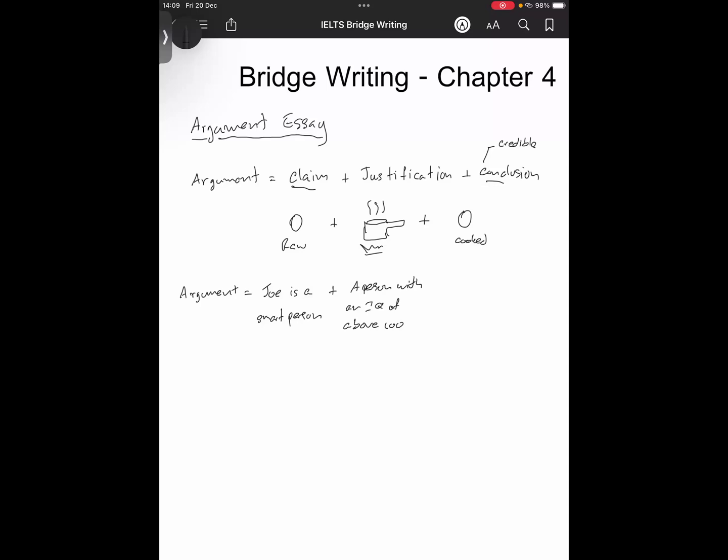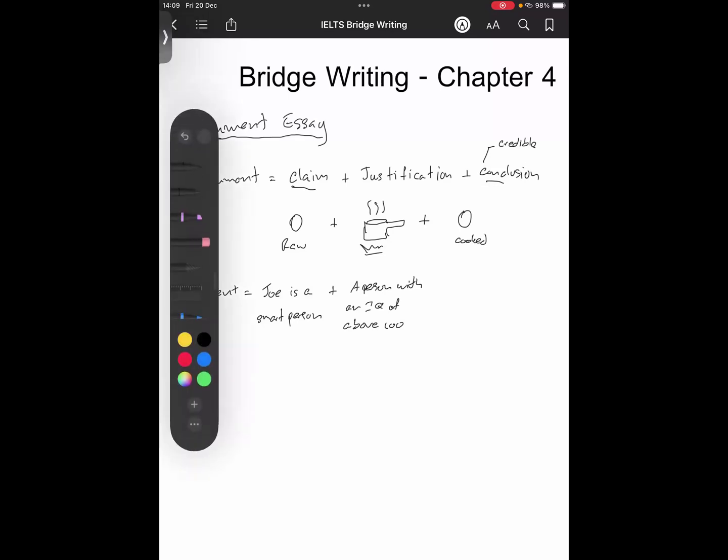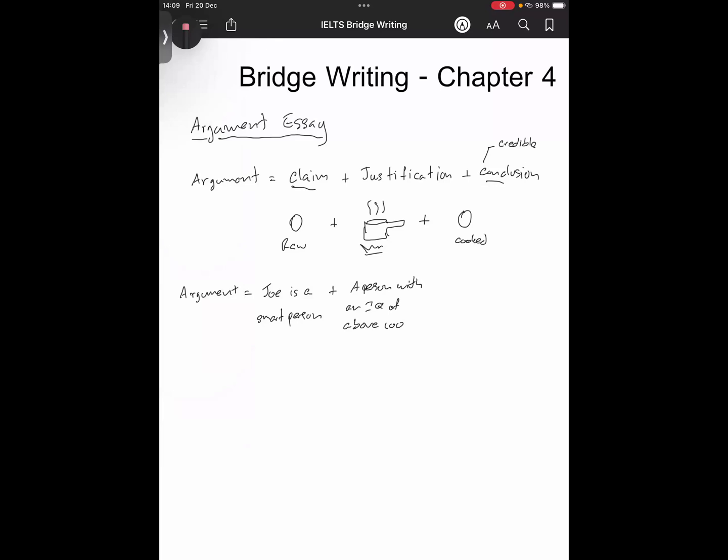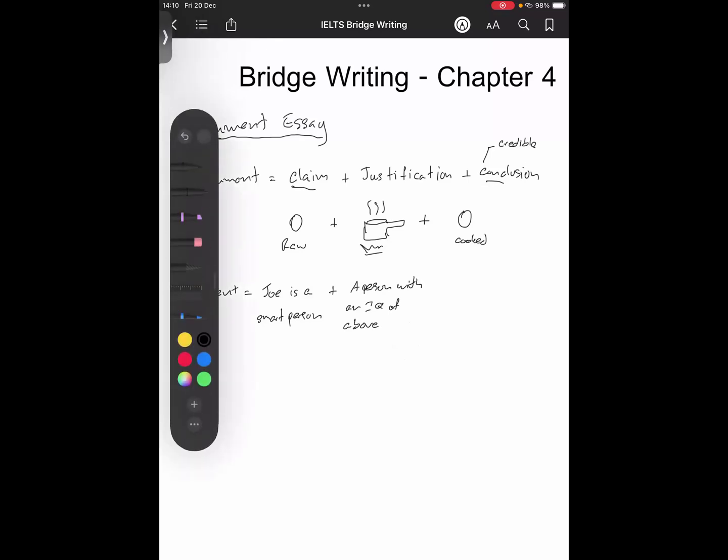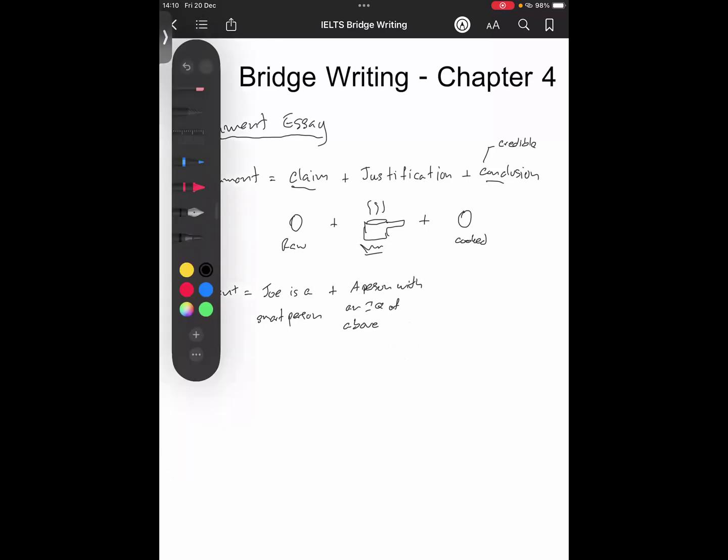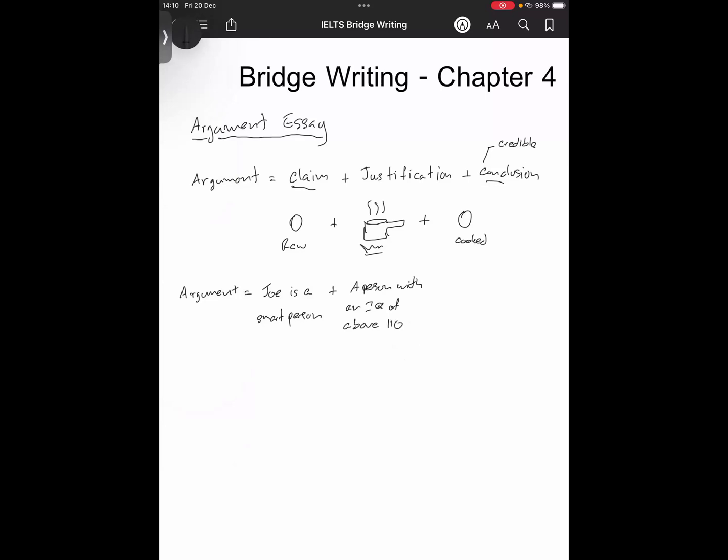Okay, so a person with an IQ of above 100, maybe 110, maybe 100 is too low. Of above 110 is smart.